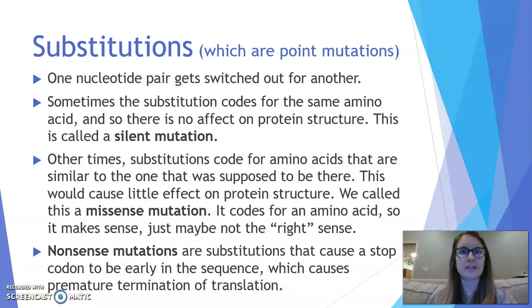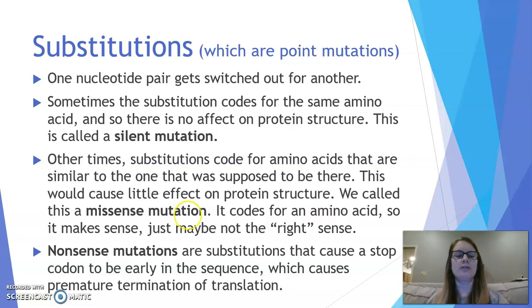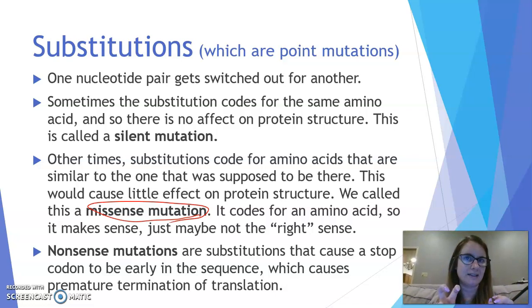Since you're switching out for the same type of amino acid, you don't really have a big effect. You may have some small effect on the structure of that protein, but overall you probably won't have a big resulting change. We call those a missense mutation. They make sense, they just don't always necessarily make the right sense.